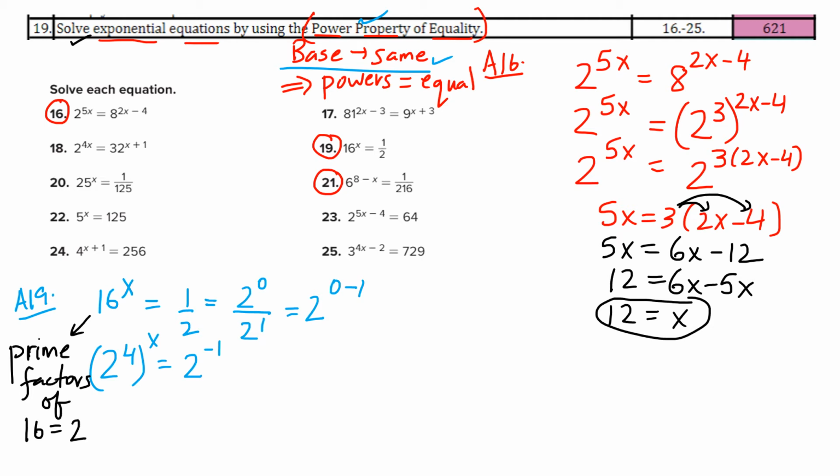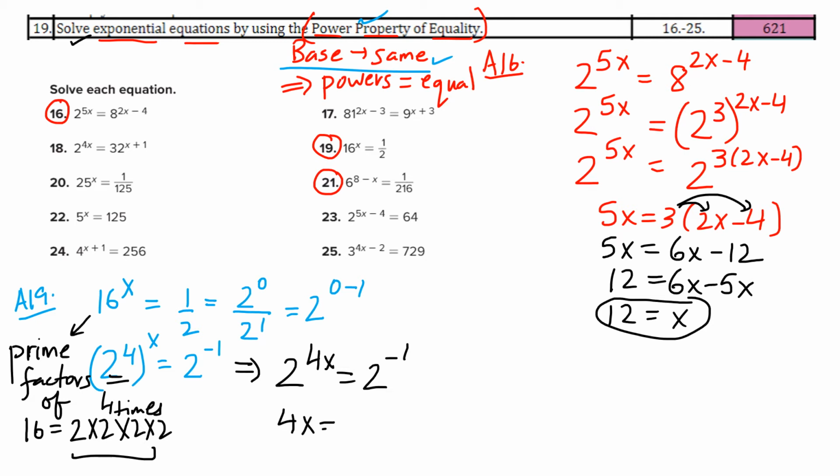If you multiply 2 with 2 with 2 with 2, that is done 4 times, what you get is 2 to the power 4. Okay, now we have the same bases. 2 powers, 4x multiplied, and they are equal. So 4x is equal to negative 1, or x is negative 1 by 4. So x has a negative value.